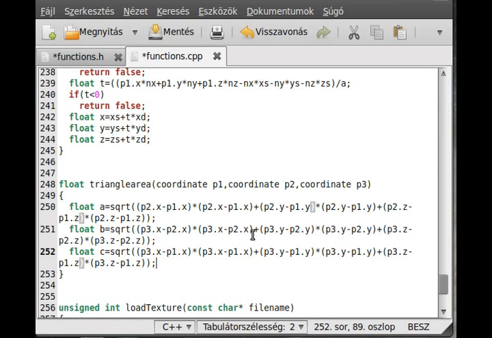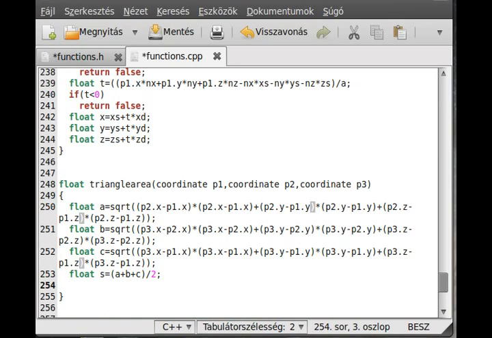Anyway, now we need to calculate half of the circumference. So float, call it S. Okay, so a plus b plus c, divided by 2.